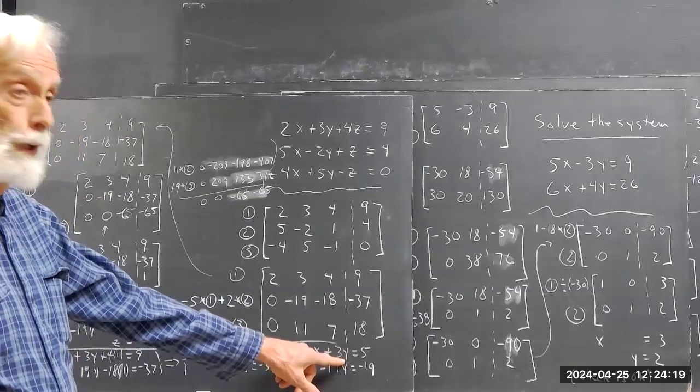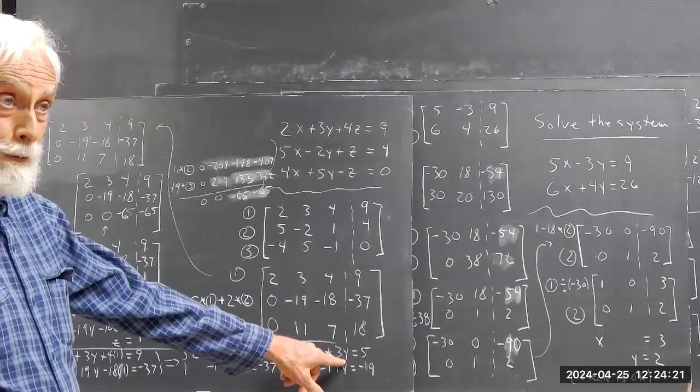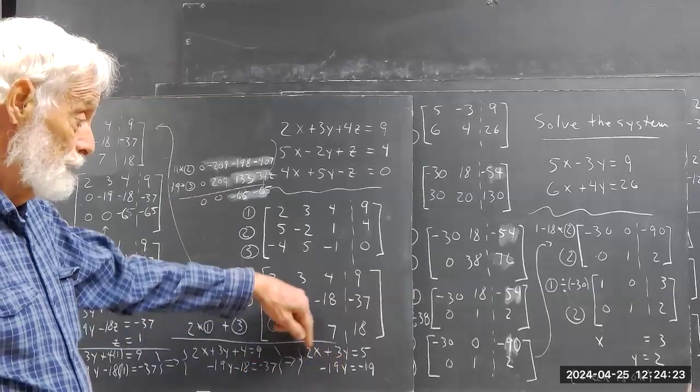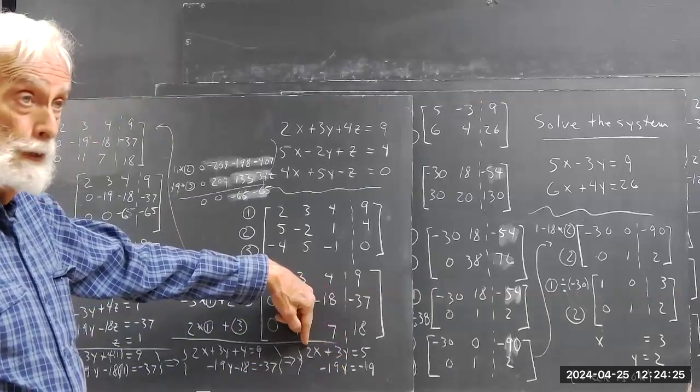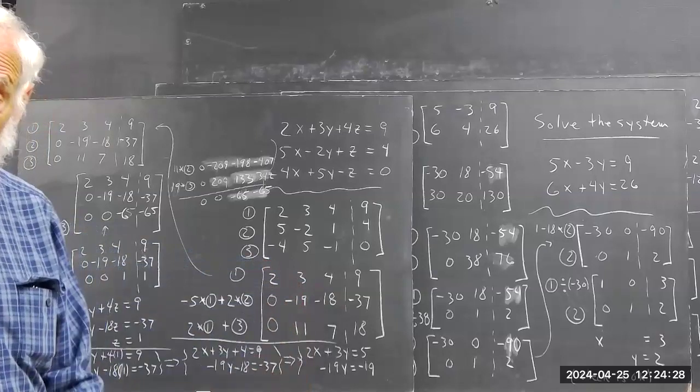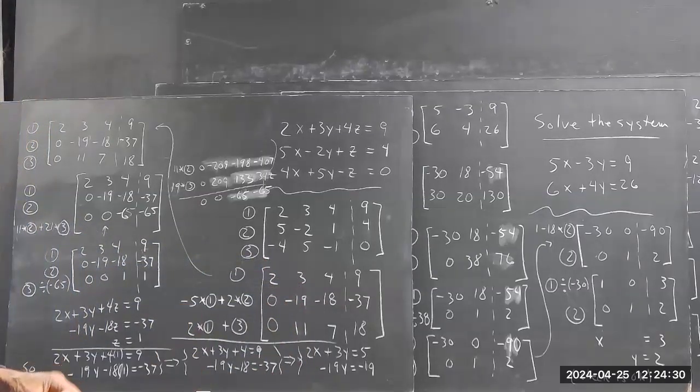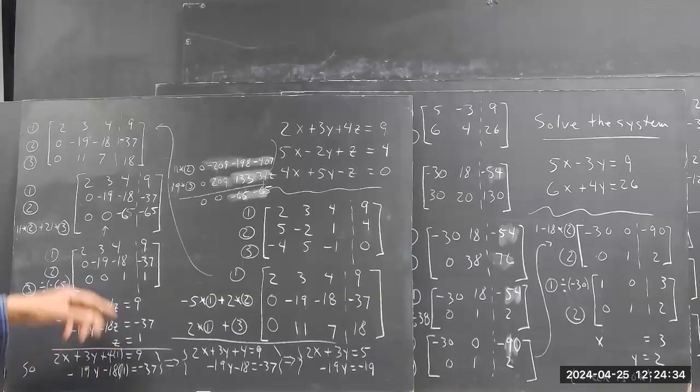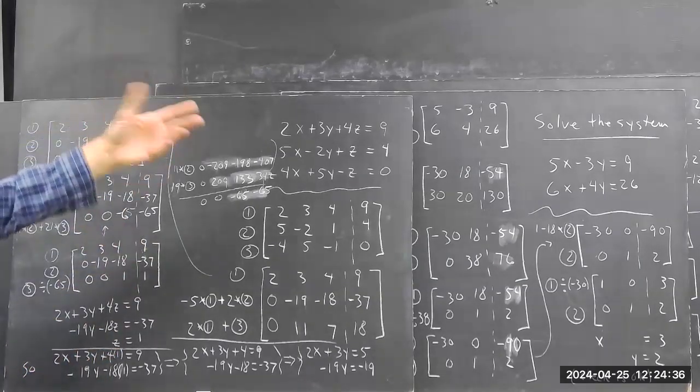And then I can substitute that in here, which will give me a very simple equation that I can solve for x. So what we have here is what we call back substitution. We reduce the system to these 3 equations using matrices, or we can add rows.